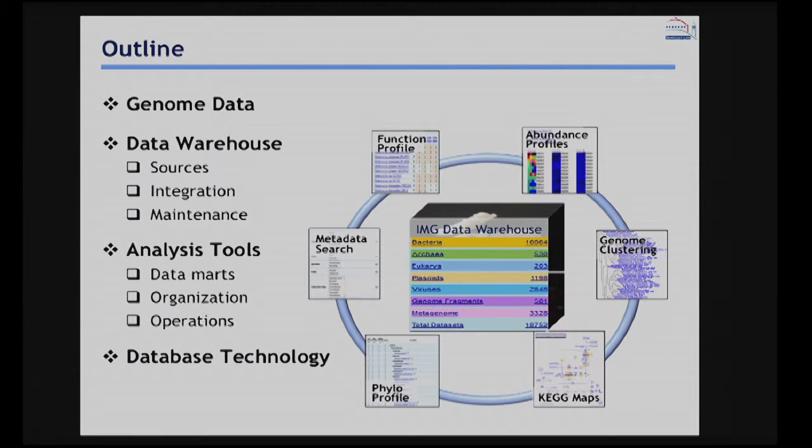And we'll end with some overview of the database technology. My colleague Amy Chen is going to talk about it, and pretty much is explaining what we can do with existing resources to provide science. Science is not going to stop and wait for the grand solution to come.